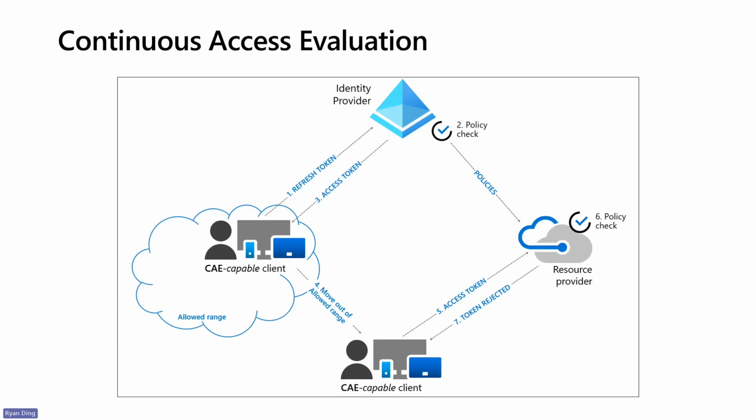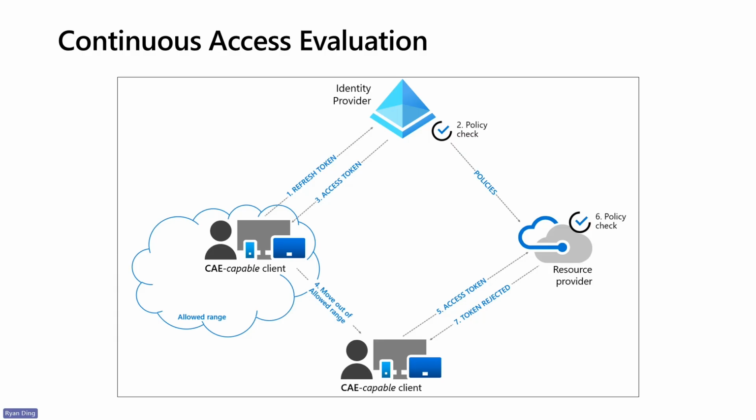For example, in Entra ID, an access token might live anywhere from 60 to 90 minutes, right? So traditionally you might have to wait for that token to expire, even if something did change with the end user's state. What CAE allows us to do is for applications and services like Exchange Online, SharePoint, Teams, and others across M365 to now subscribe to critical Microsoft Entra events, right?